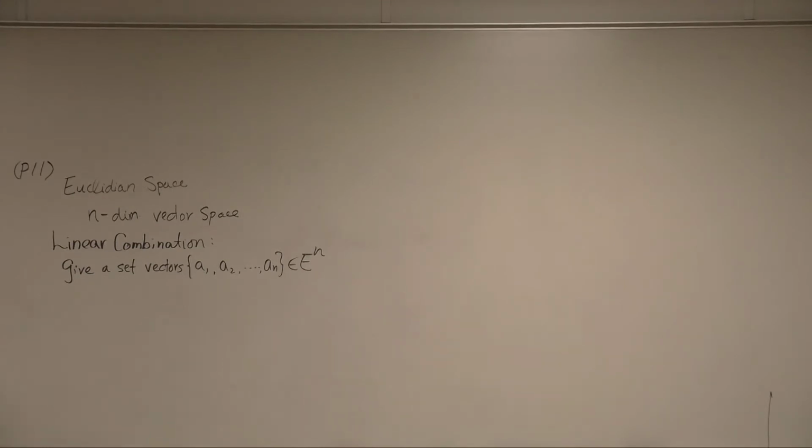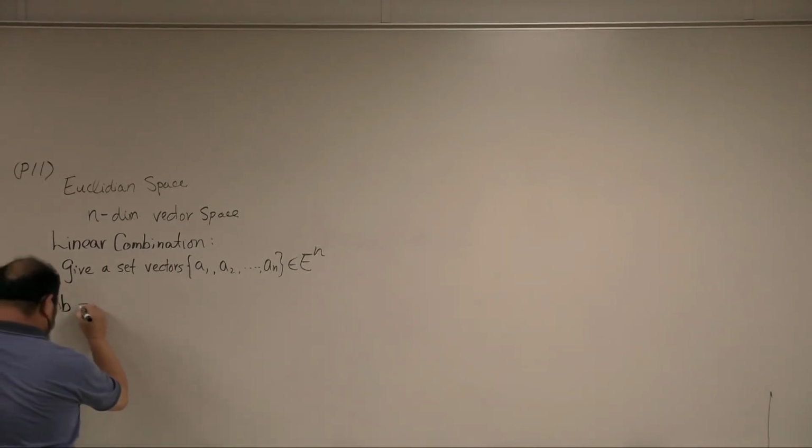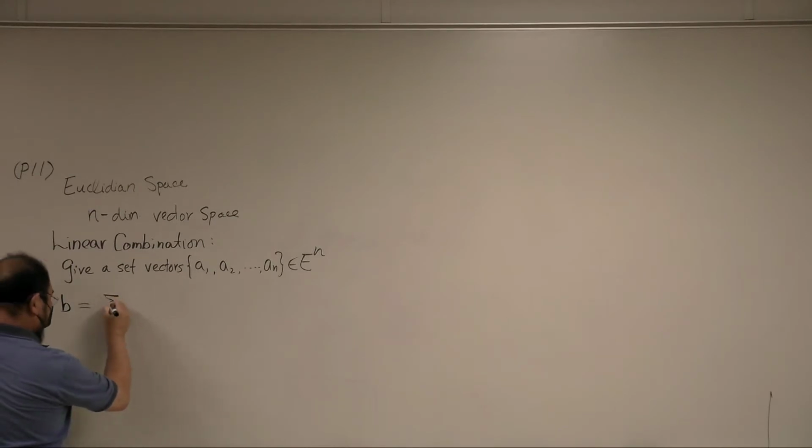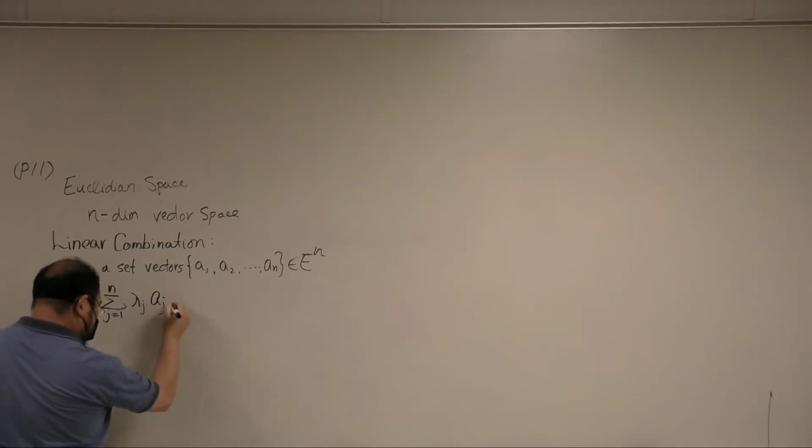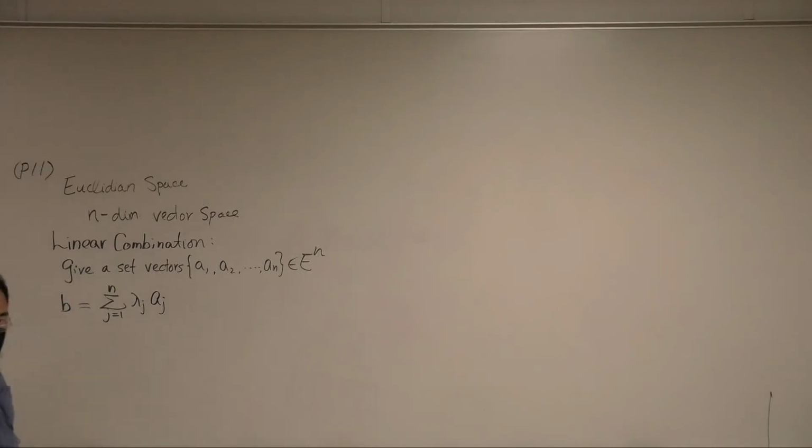And then B can be represented in the following form: the sum from j equals 1 to n of lambda j times aj. Okay?